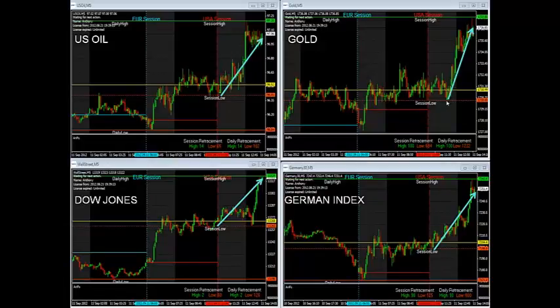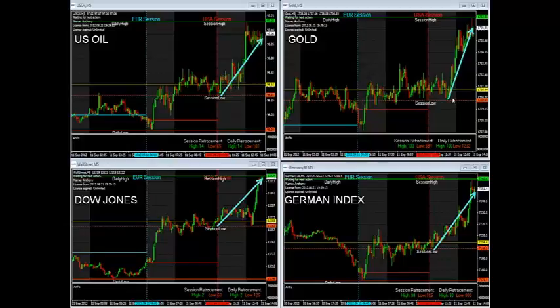Gold was also moving in the same direction, as well as the Dow Jones and the German index. Now this can change from time to time or depending on the economic status from different countries. But for now, when we see the price of oil moving higher, we tend to see the price of the Euro USD moving up as well.